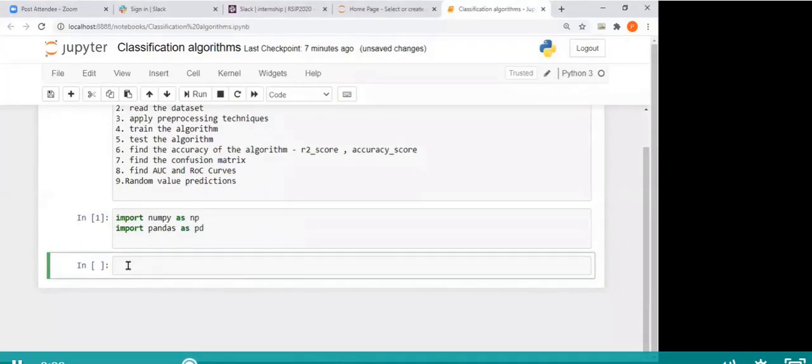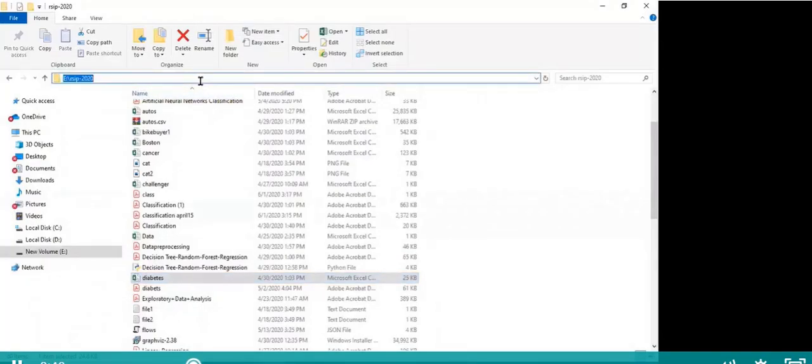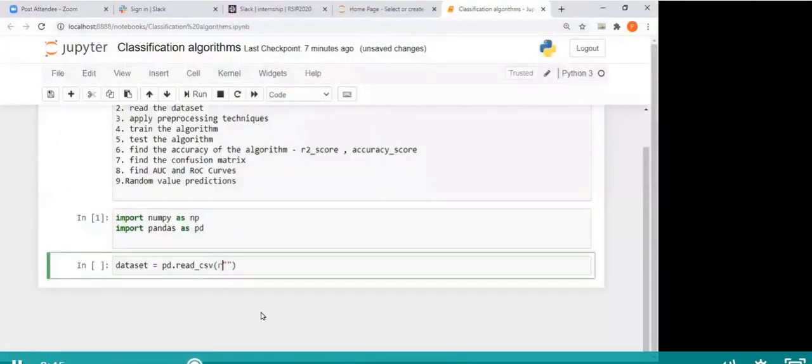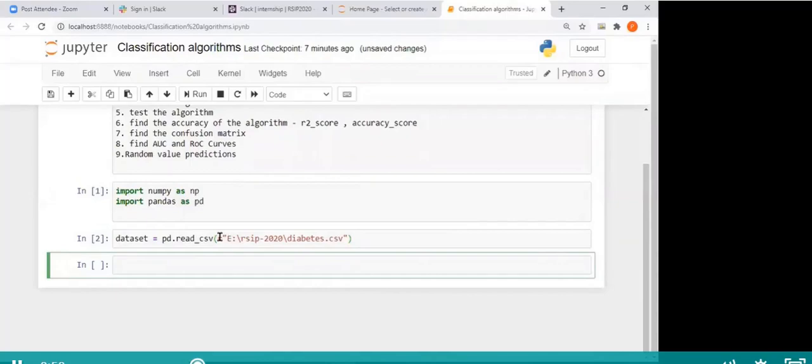Next, reading the data set. I'm giving the name dataset equal to pd.read_csv of diabetes.csv.